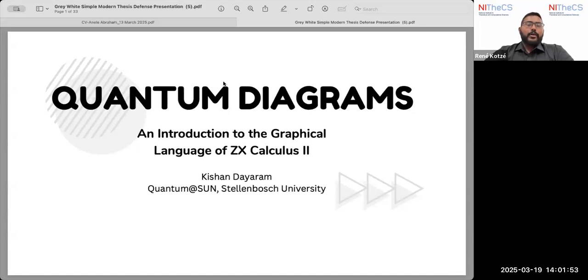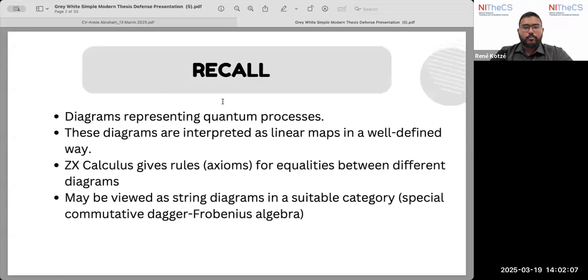So I'm going to be continuing from last week's lecture where we introduced ZX calculus and described how it arises as string diagrams in a category with suitable properties. ZX calculus diagrams represent quantum processes, and we said that they are string diagrams in a suitable category, namely a special commutative dagger Frobenius algebra.